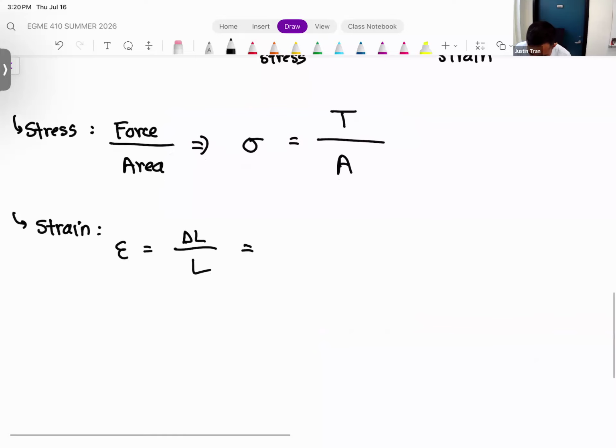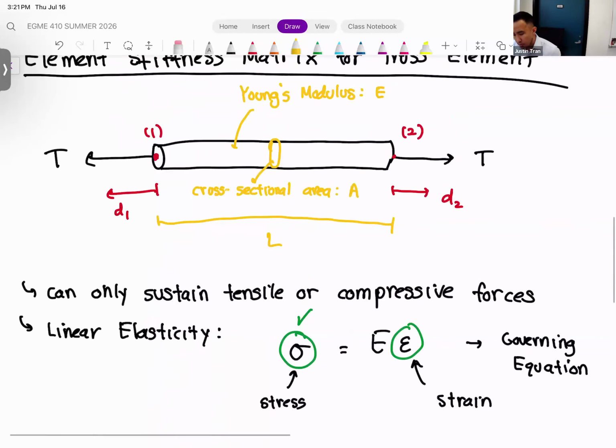So what if we express delta L in terms of the nodal deformations of nodes 1 and 2? One way we can express delta L is D2 minus D1. D2 is the deformation of node 2, so that's how much node 2 is moving to the right from its resting position.